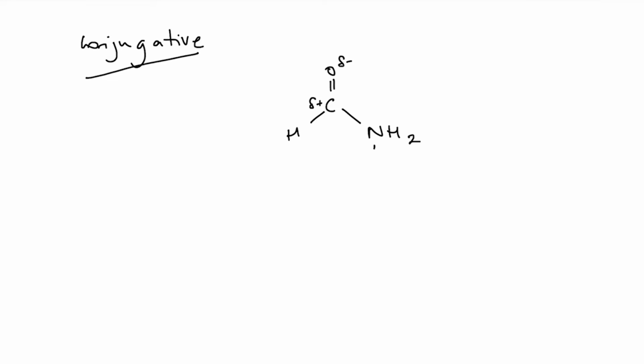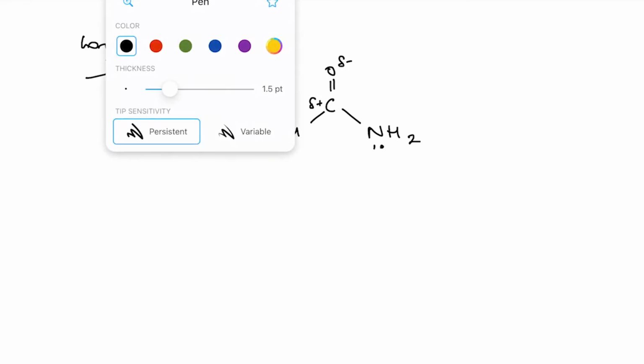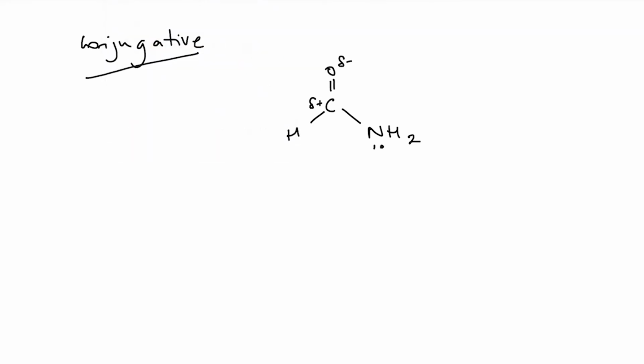Now nitrogen has a lone pair of electrons, and this lone pair exists in a 2p orbital, which means that it's readily able to delocalize to form a pi bond with the 2p orbitals of carbon. And we can show that with a curly arrow. So, the lone pair of electrons moves, and this pushes the pi electrons onto the oxygen atom of the carbonyl group.